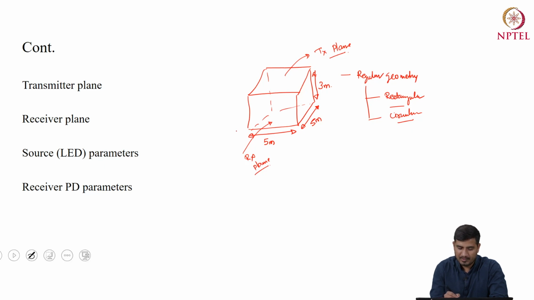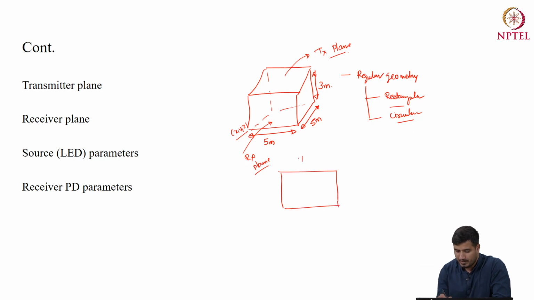Now, as you know the room dimension x, y, z of it, it means you have knowledge of the respective coordinates. In order to first deploy the LEDs in the transmitter plane, suppose you are deploying in rectangular configuration and you have, say, 4 LEDs. You can divide this room into 4 sub-coordinates and then deploy the LED at the center of each sub-coordinate.